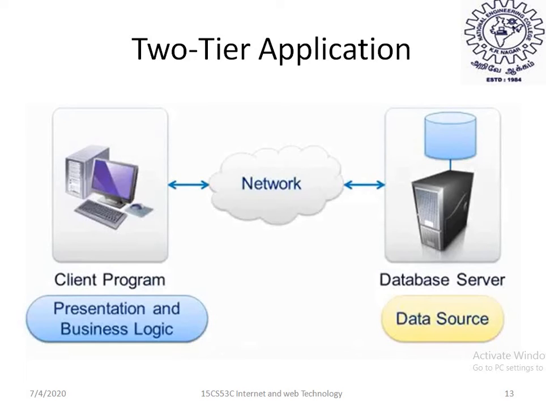So as I already told, this is a figure depicting the 2-tier application, where presentation and application logic resides in a client program and the data alone resides in a database server.